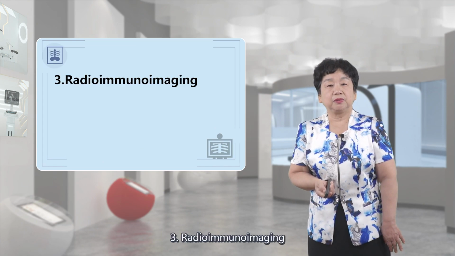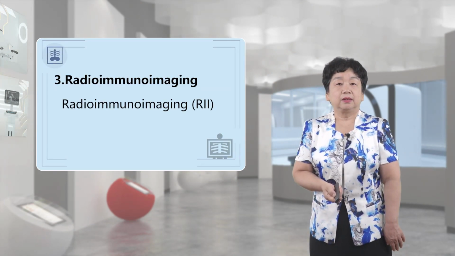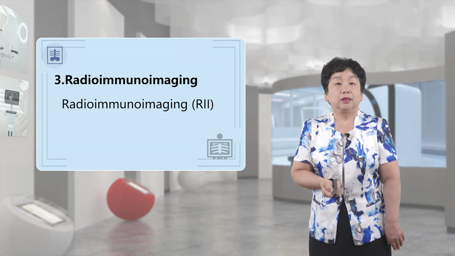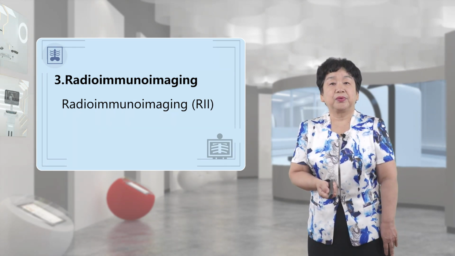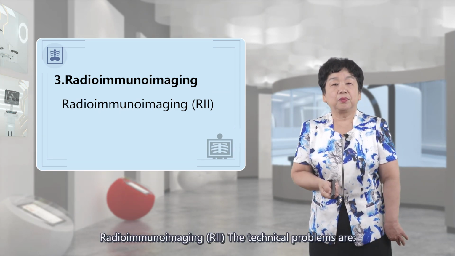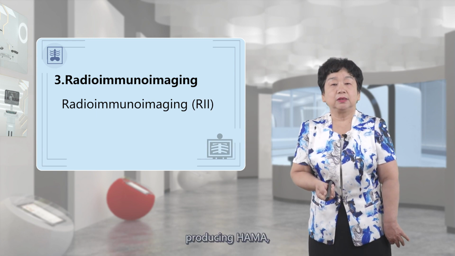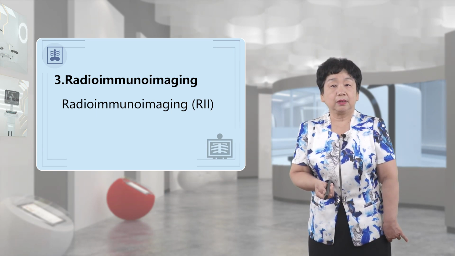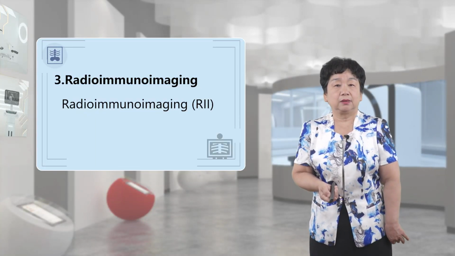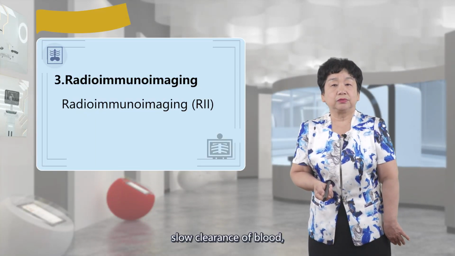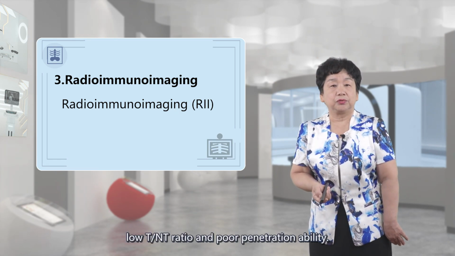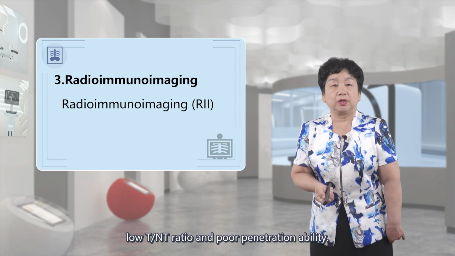The third, radioimmunoimaging. This technique labels antibodies to define the antigen expressed on the cell. The technique has problems: it produces human anti-murine antibody, and the antibodies have large molecular weight, slow clearance from the blood, a low target to non-target ratio, and poor penetration ability.